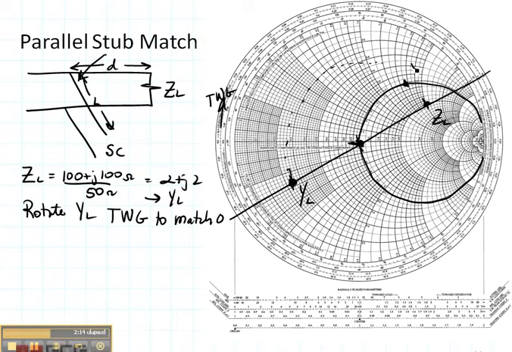So this is going to be YA. There's going to be another choice over here. Again, line up at the center like this and mark the distance right there on the matching circle. So here's YA1 and here's YA2. I'm going to use YA1 again because I'm going to go for the shortest distance.